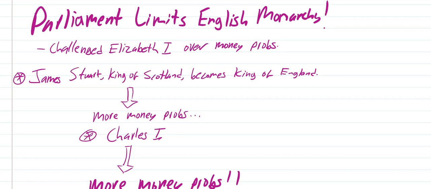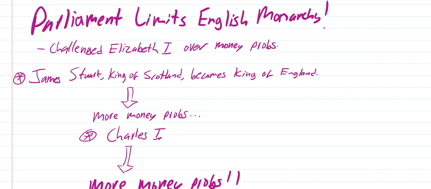She has a hard time with finances, and the problem here is that Parliament is the one who has power over the crown's financial situation, and so she has to ask Parliament for money whenever she needs it. She has tons of money problems, and eventually she's going to die in 1603, and she doesn't have any money. The country is in debt, and she leaves that debt for her successor, James Stuart, to deal with.